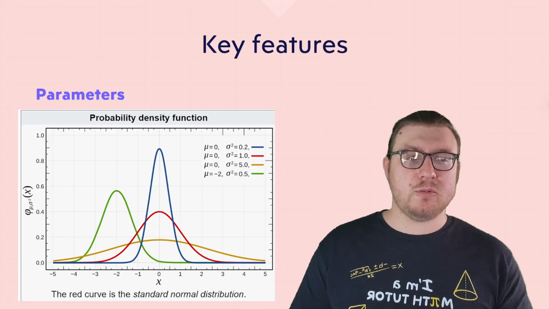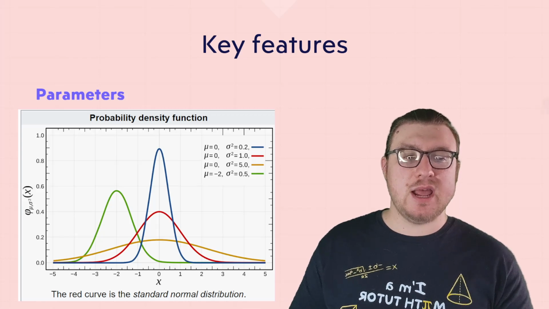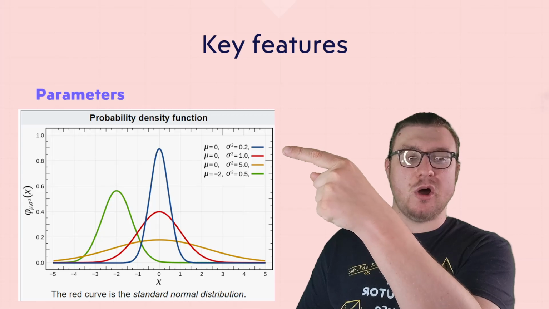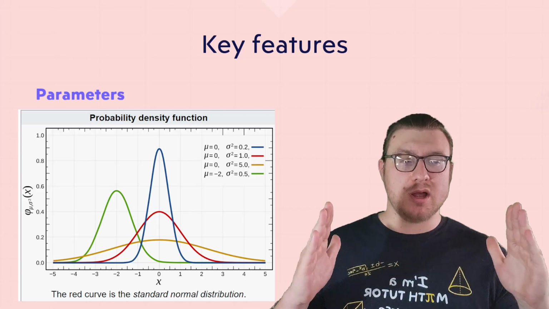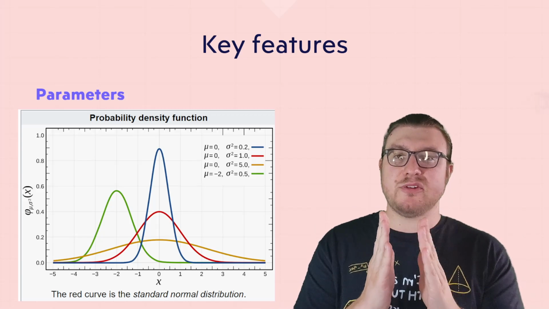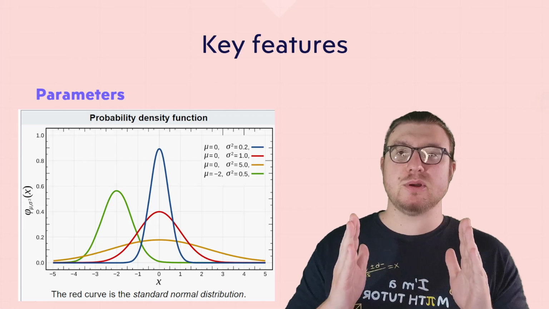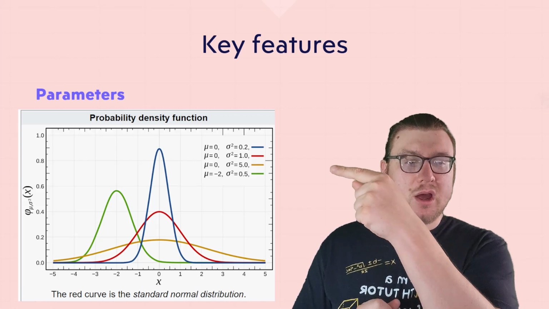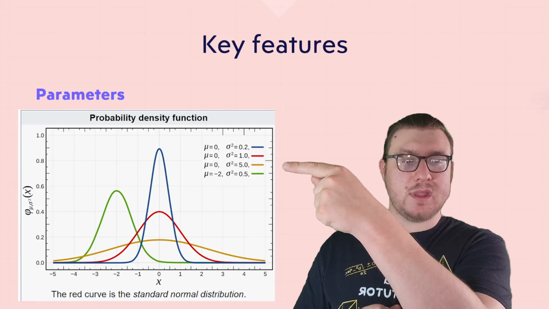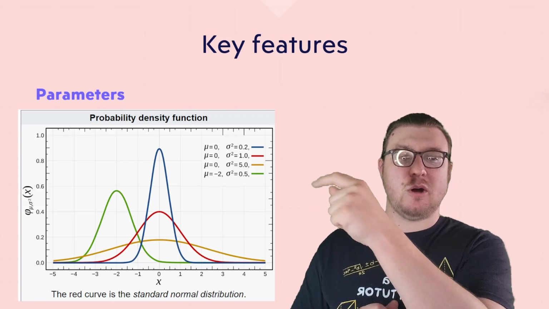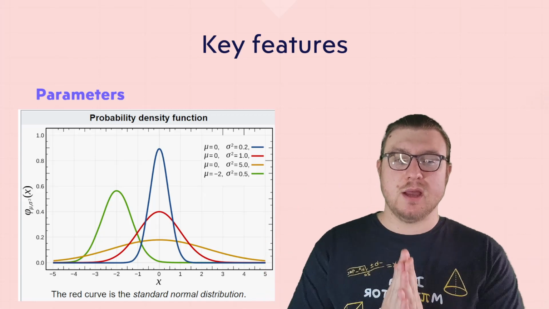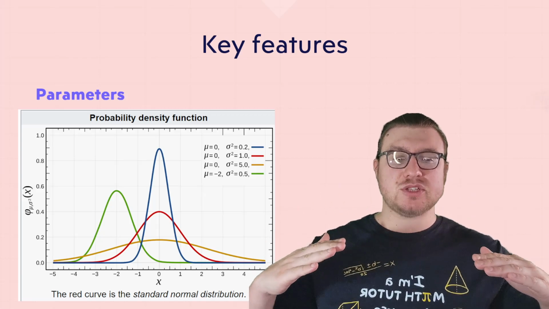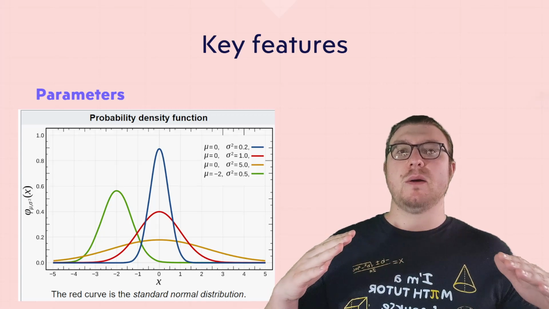But what we really want to have a look at here is that the blue graph has a very low variance. So the standard deviation will be lower. That means the data is very close to the mean. It will be close to the middle. However, if you look at the yellow graph, for example, our standard deviation or variance is much further away. So that means we can see a much bigger variety of range.